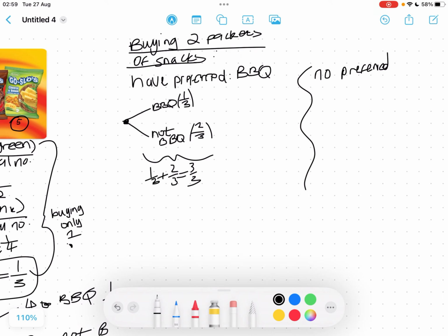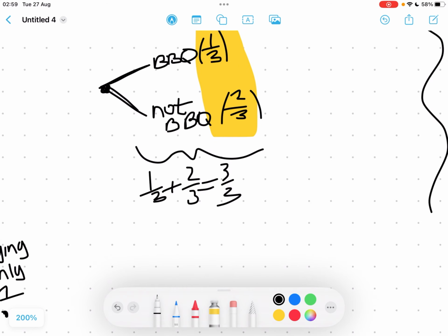So every time you move from this point and divide it, everything that comes to the end of the branches must add up to 1. So in this case, just to reiterate, we have 1/3 and 2/3, which add up to 1. Sharp. So this is for the first packet that he pulls out, right?